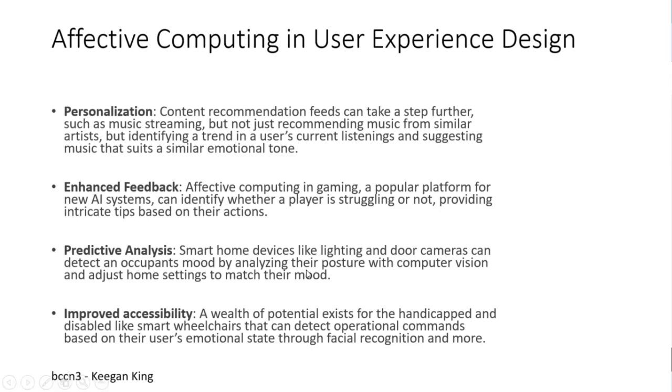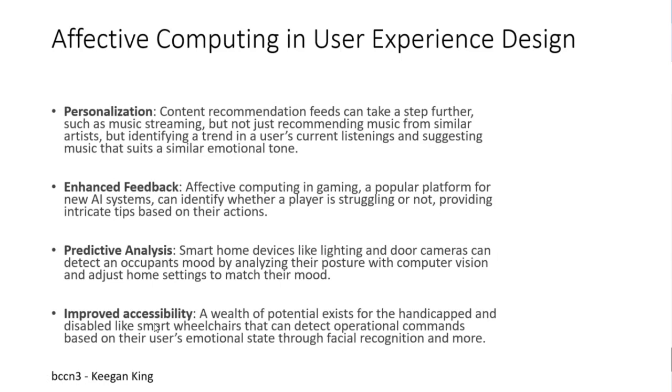Smart home devices like lighting and door cameras can detect occupants' mood by analyzing their posture with computer vision and adjust the home settings to match their mood. Interesting. And then the final part, which is very important, is accessibility, which is improved accessibility for different types of people with disabilities and so on. You build technology for this purpose.